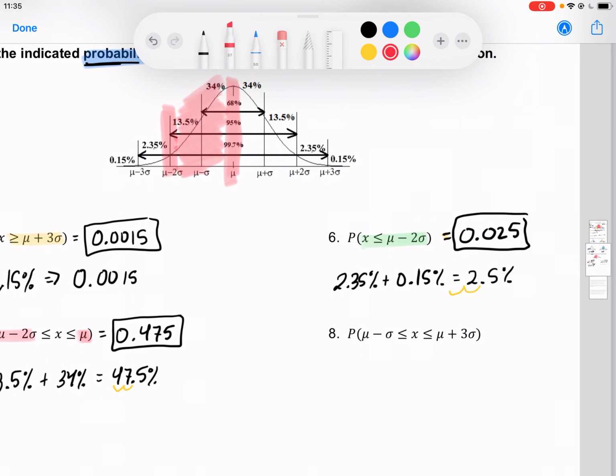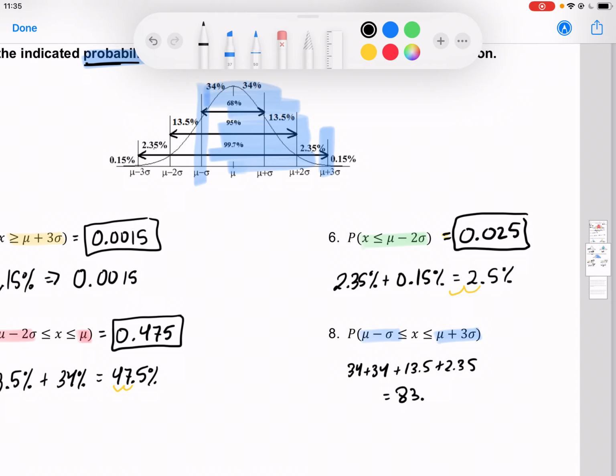And then last one in this set, let's erase all that. It's another one where we're going between, so we're going between this one and this one right here. We're just going to add all those together, so 34 plus 34 plus 13.5 plus 2.35. Not the 0.15%, so be careful about that.